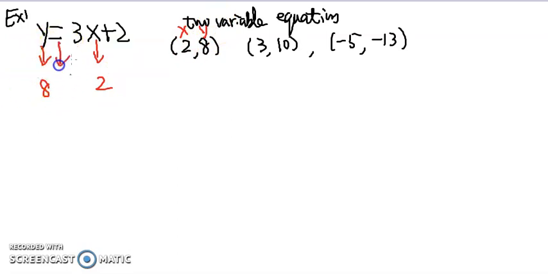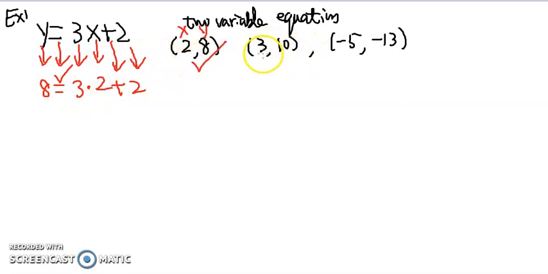Let's check. I copy down the 3 times 2 plus 2. Now we can verify that the left side, 8, is equal to the right-hand side, because 3 times 2 is 6, and 6 plus 2 is 8. So that is correct, which means this is a solution.